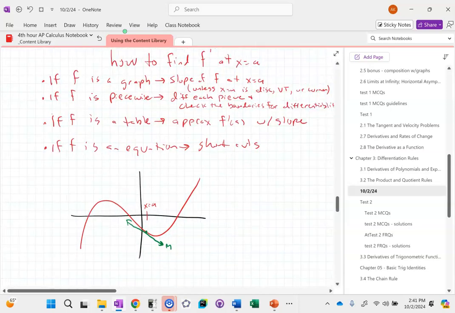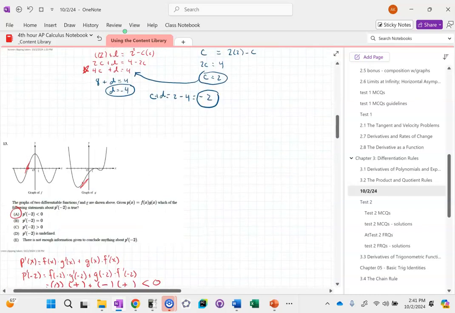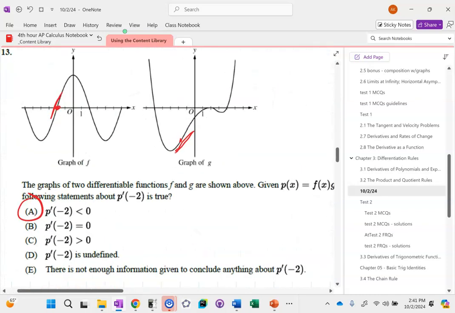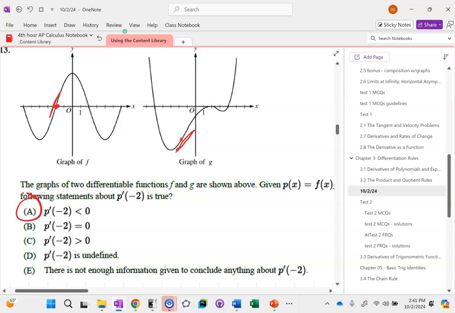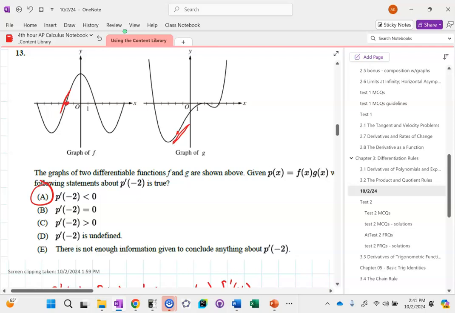Like if we went back and looked at this problem here, it asked me basically the same thing, and I didn't actually need to find out what the derivative of f at -2 or g at -2 was. I just need to know whether it was positive, negative, or 0. And usually that'll be good enough. Does that feel okay? Yes, sir.